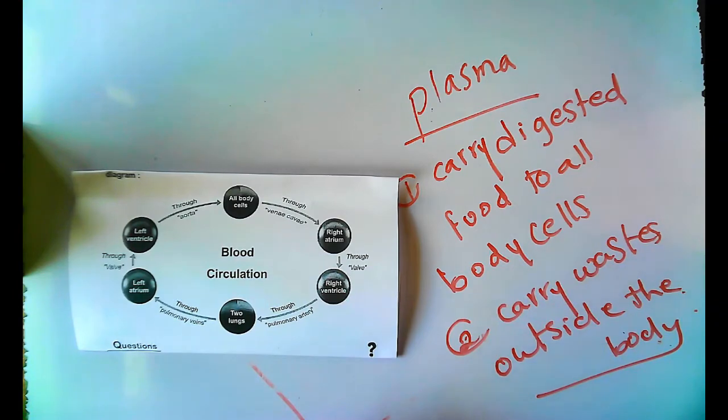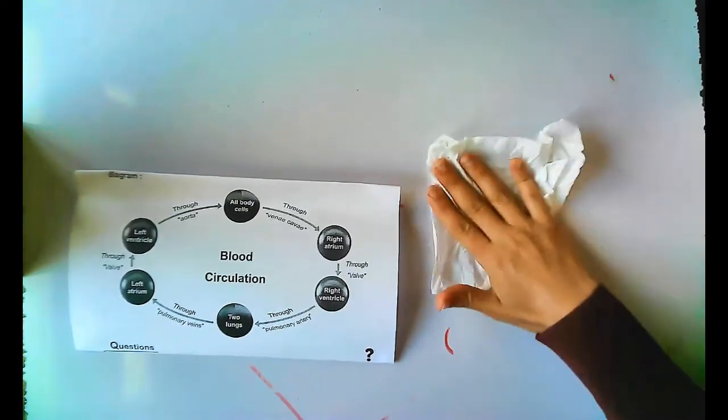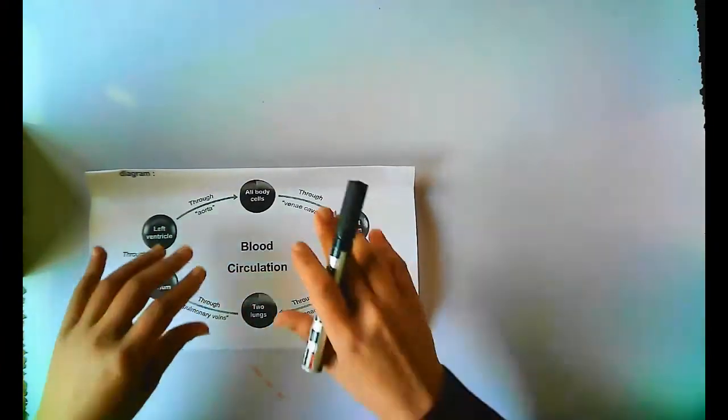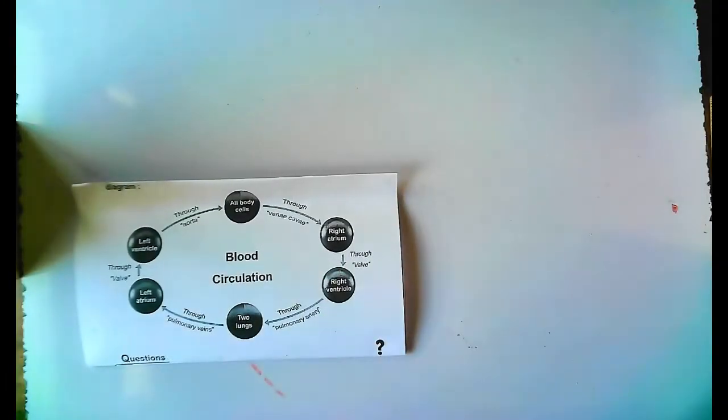Blood circulation is the movement of blood throughout your body. Now we're going to discuss this second part, the blood circulation, the movement of the blood throughout your body.